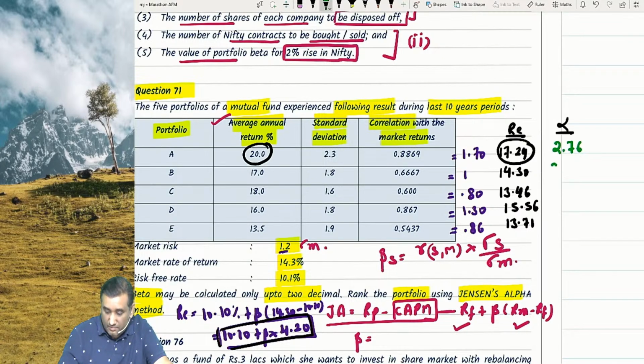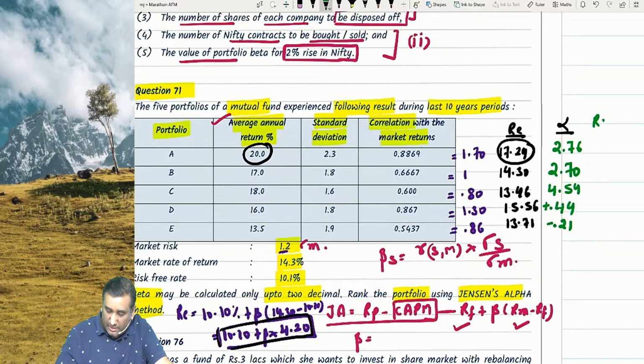Second is 2 point. Next 4 point. 64 minus this, also minus, this is minus point.